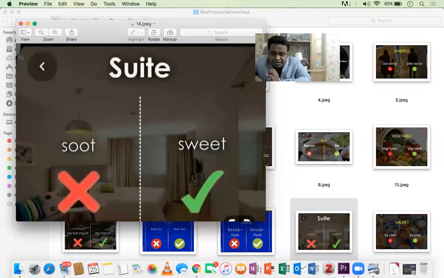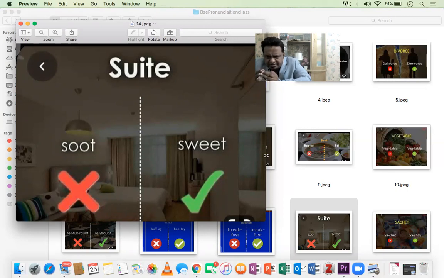And then we got suite, the hotel room. It's not suit. Some people would say that we pronounce the sugar sweet as well, so why is it pronounced as sweet? These are homophones, and obviously you understand by the context. If someone tells you I've got a very nice suite in that hotel, obviously that would mean a room.